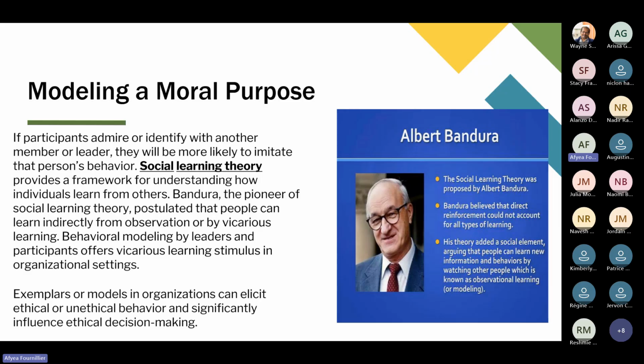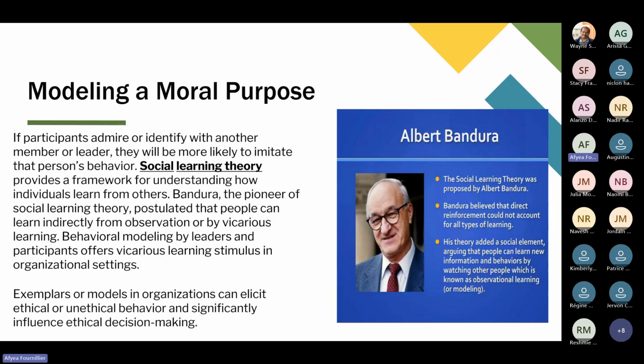Bandura, the pioneer of the social learning theory, postulated that people can learn indirectly from observing, or by vicarious learning. Behavior modeling by leaders and participants offers a vicarious learning stimulus in organizational settings. Exemplars or models in organizations can elicit ethical or unethical behavior and significantly influence ethical decision making.